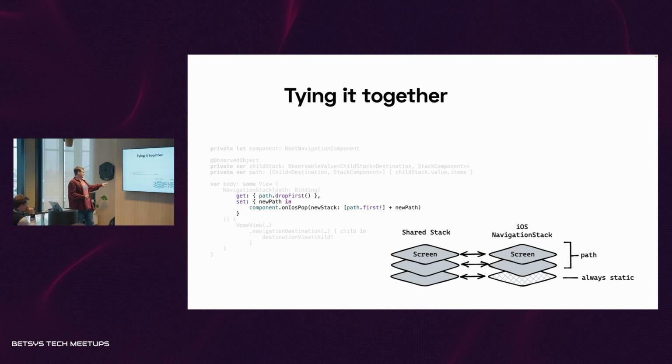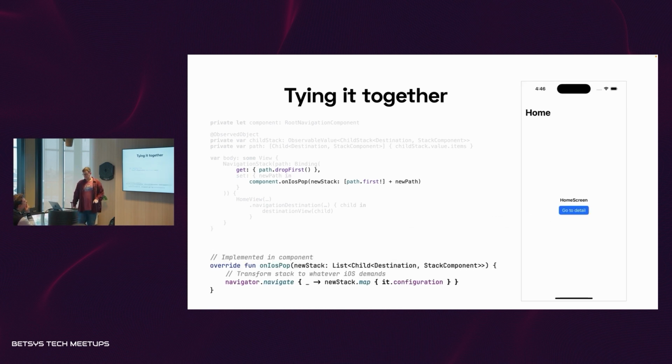And this is just an example. I know this can be written nicer, of course. You can move that logic to KMM and just provide the iOS navigation path or whatever. But it is important to know this. The first child in a stack has to be transparent to iOS.